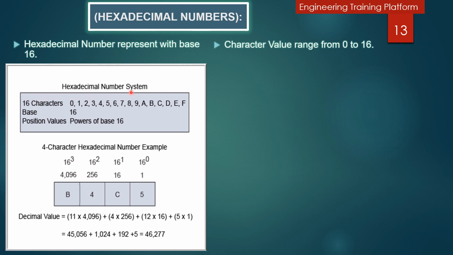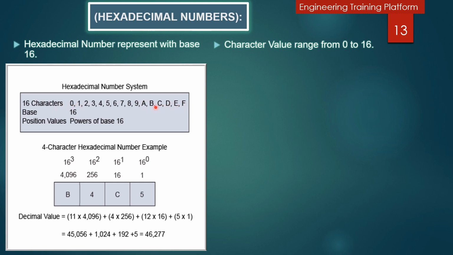Here you can see the table for the hexadecimal number with the 16 characters, starting from 0 to 9. Then after that, 10, 11, 12, 13, 14, 15.